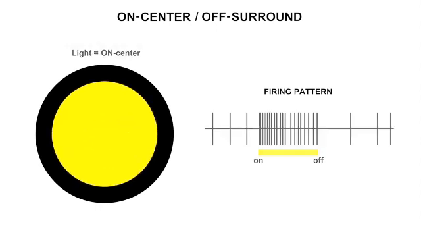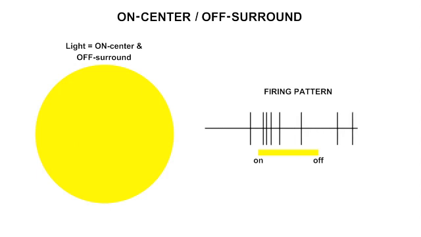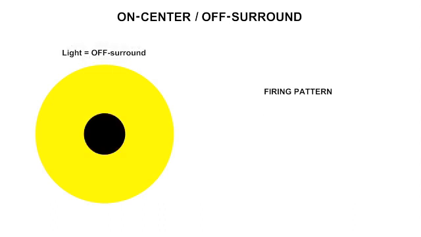As the light circle expands to cover the off-surround, the firing pattern diminishes closer to baseline firing. When there is light only on the off-surround and not on the on-center, then the baseline firing is suppressed during the stimulus period.